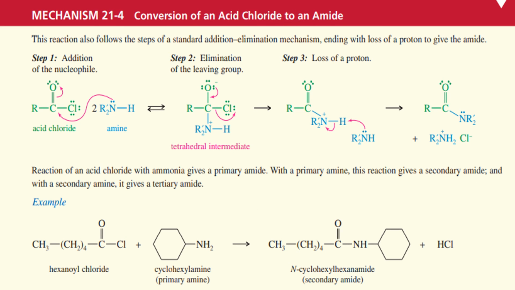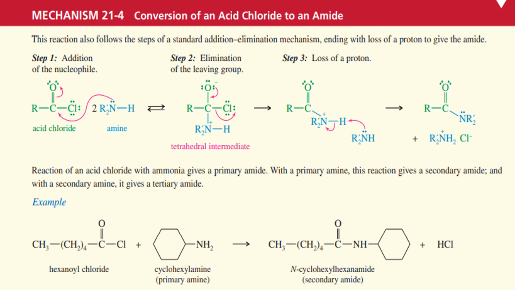Conversion of an acid chloride to an amide. Acid chloride reacts rapidly with ammonia and amines to give amides. The HCl generated by the reaction can protonate the amine starting material, so a two-fold excess of amine is required.